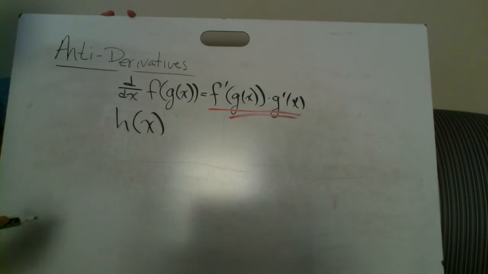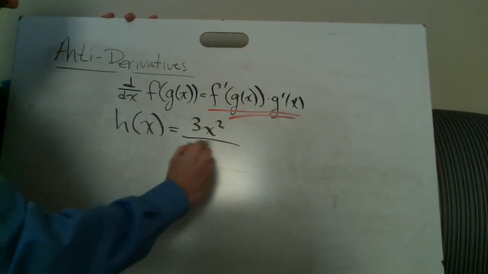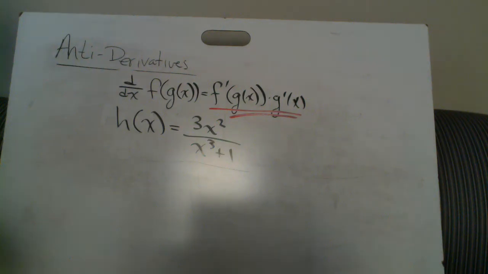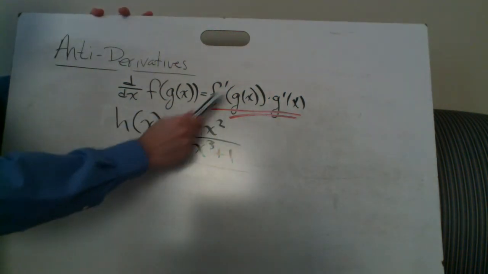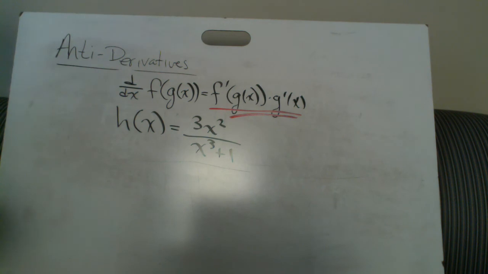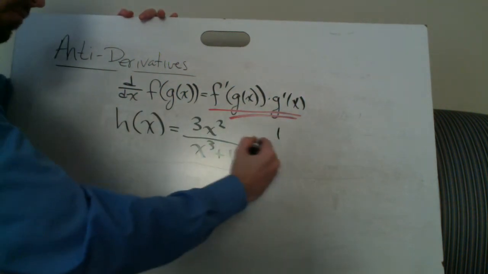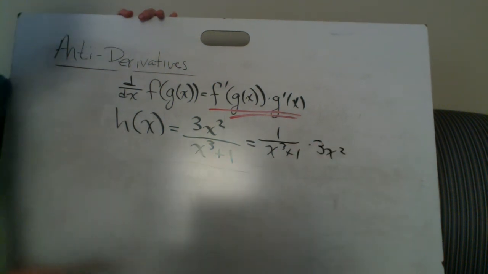And for this particular function, I'm going to let it be 3x squared divided by x cubed plus 1. Okay. Here's my function. Now here's my goal. I want to identify each of these parts, f prime, g, and g prime. It might not look right now a lot like the chain rule, but I can just rewrite it so that this multiplication exists: 1 over x cubed plus 1 times 3x squared.